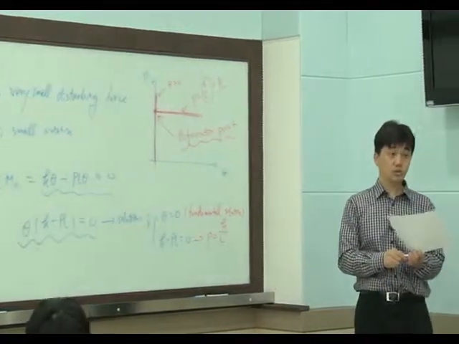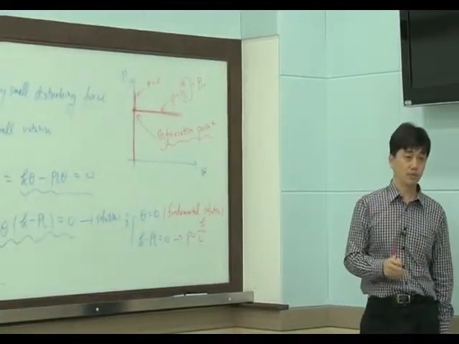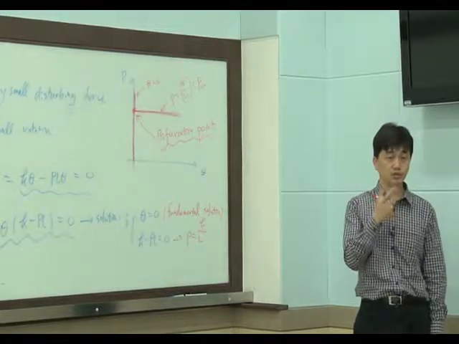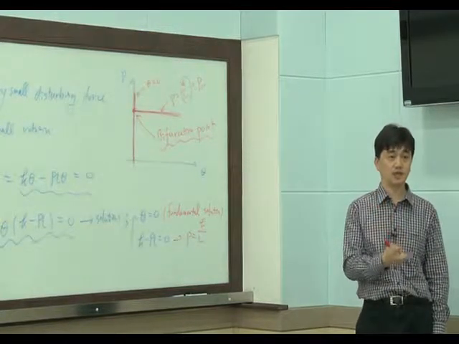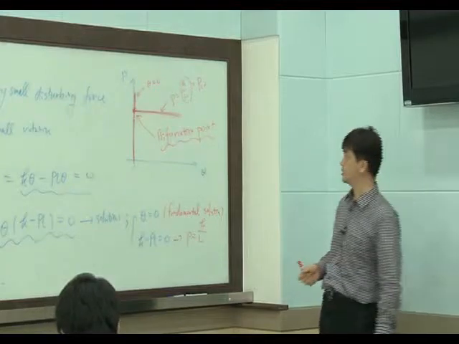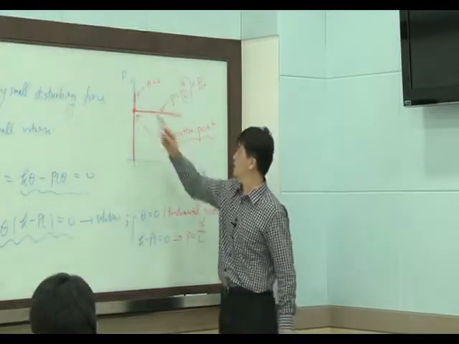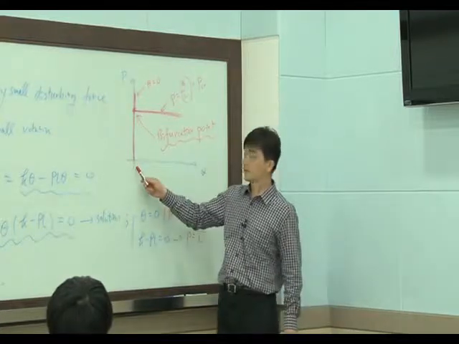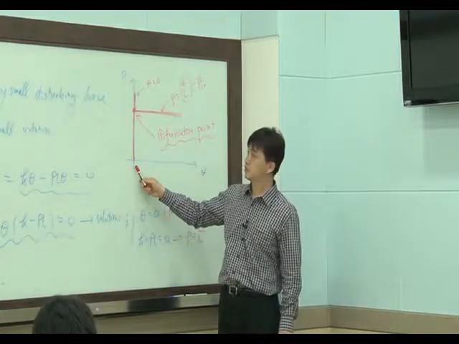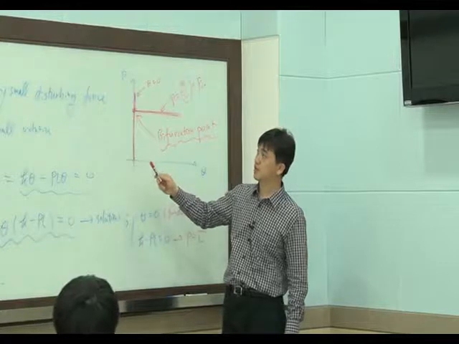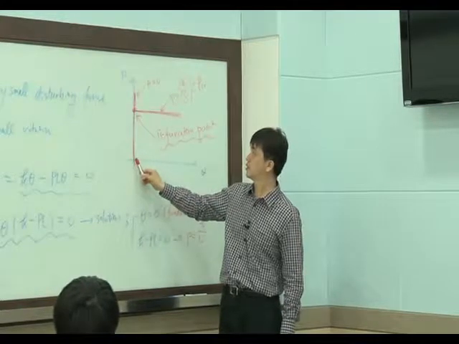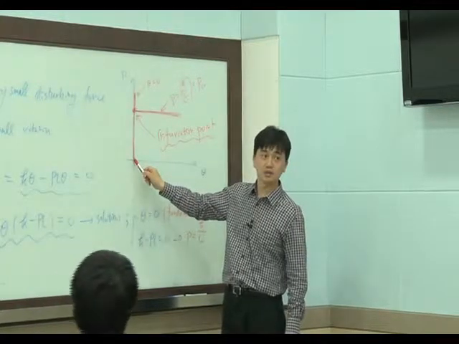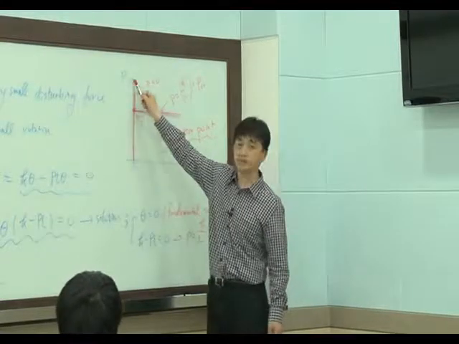So you should remember there are two possible equilibrium paths, and the two paths meet at the bifurcation point. If the structure doesn't have a small disturbing force, the equilibrium path will go this way.